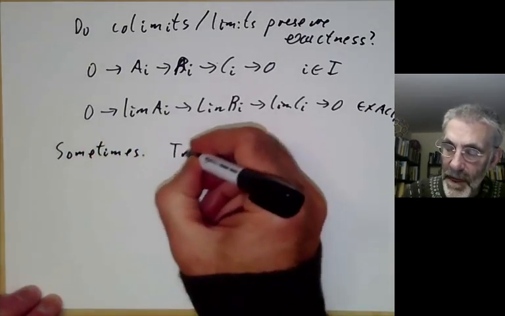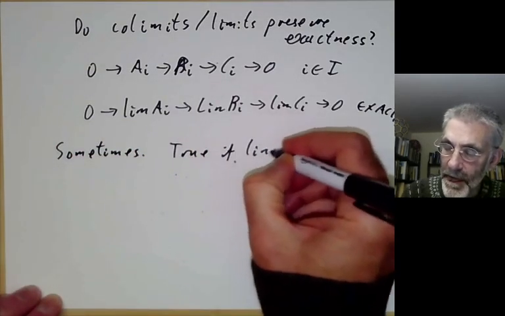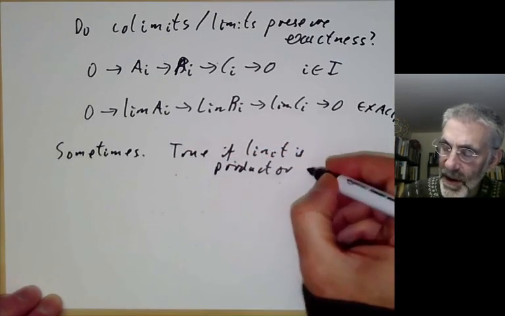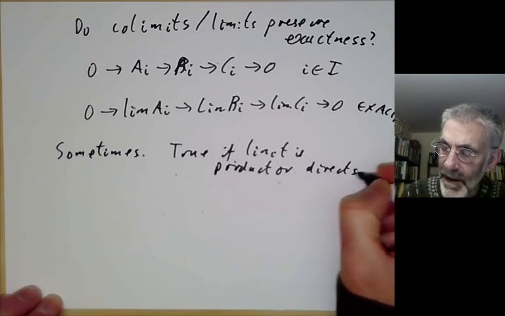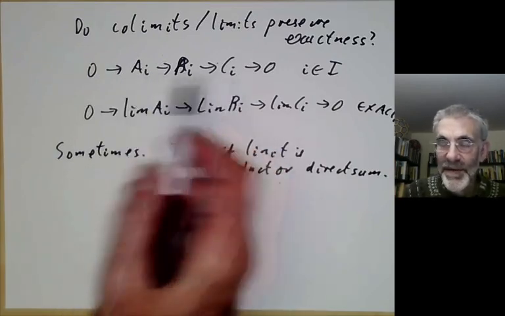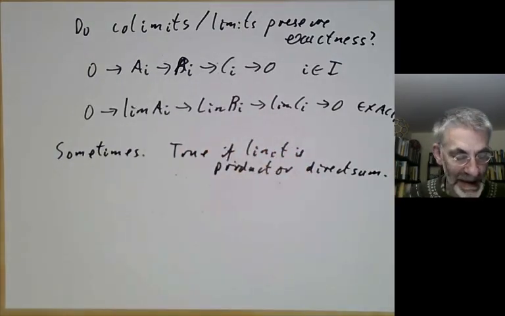So it's true if the limit is a product or a direct sum. That's very easy to check. The direct sum of a couple of exact sequences is obviously giving you an exact sequence.